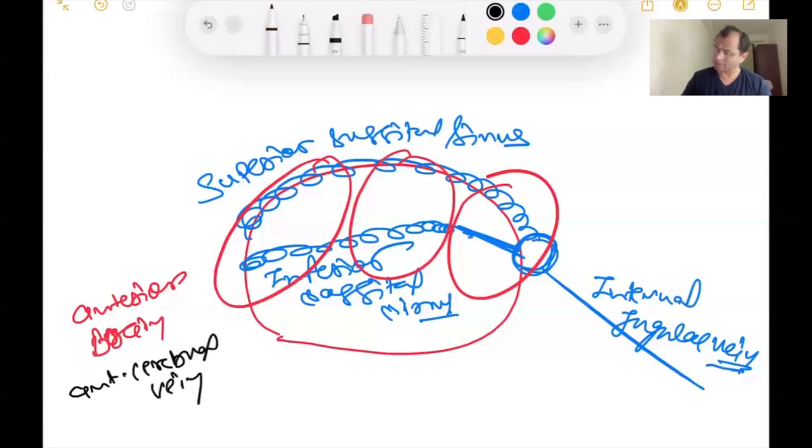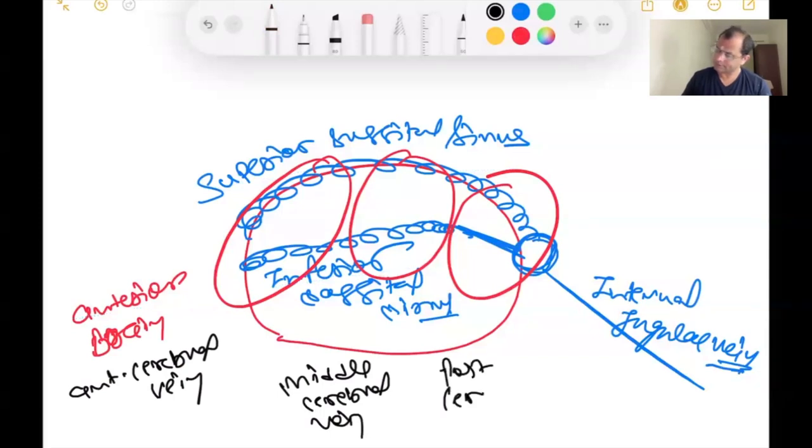From the middle part, the middle cerebral vein, and from the posterior part, the posterior cerebral vein. So the entire brain drains the blood into these pipelines. Then finally, the blood goes into the internal jugular vein.